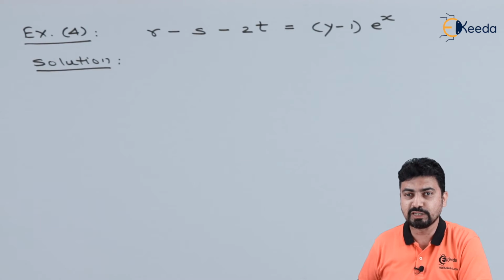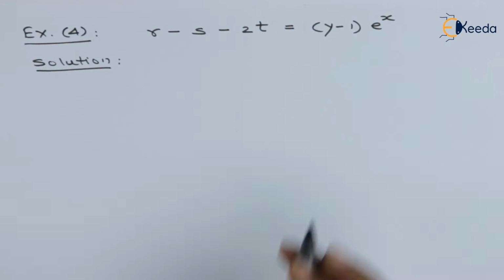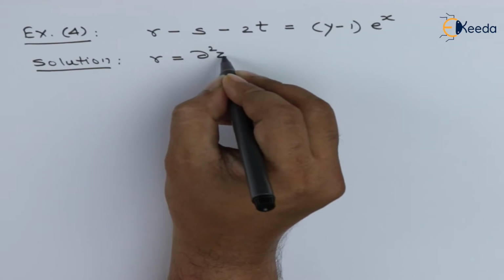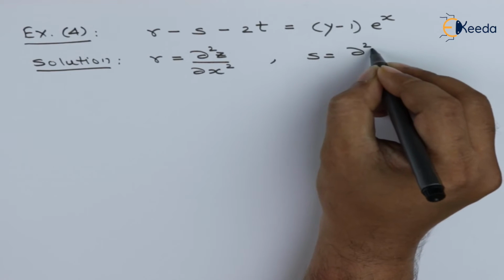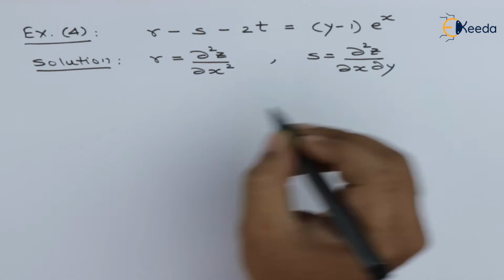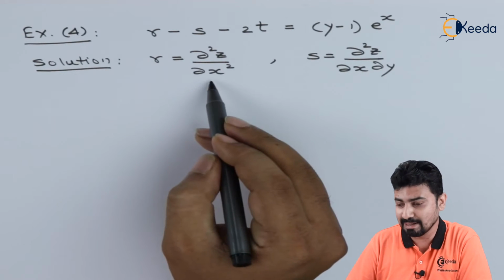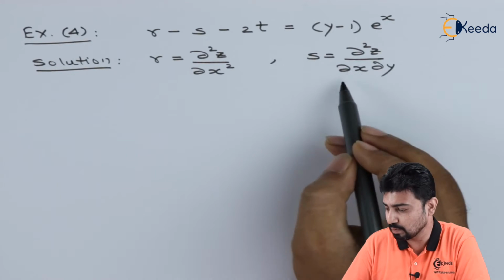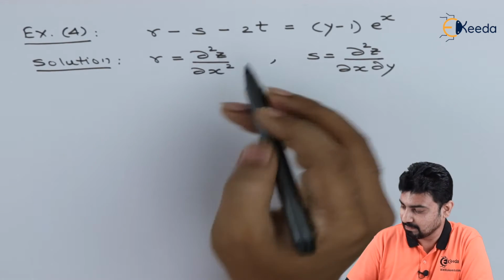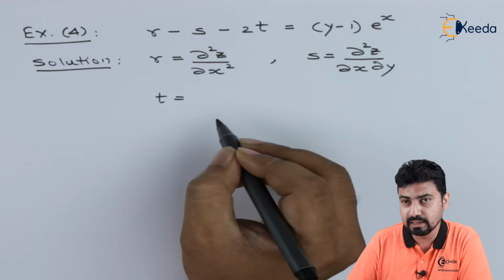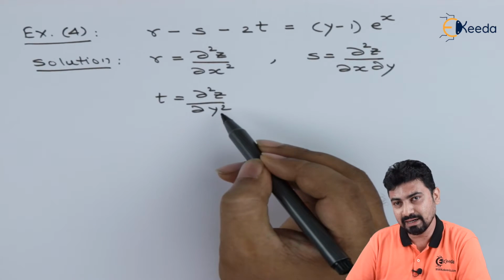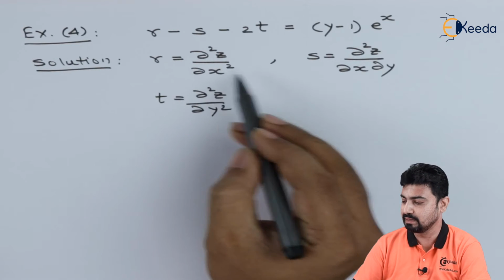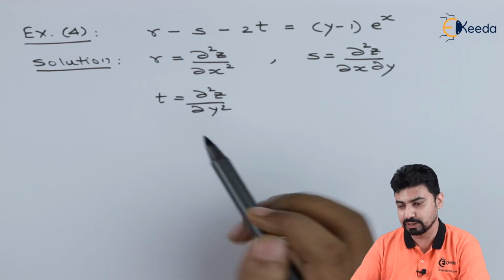The standard definitions of r, s and t are: r is equal to del square z by del x square, s is equal to del square z by del x del y, and t is equal to del square z by del y square.